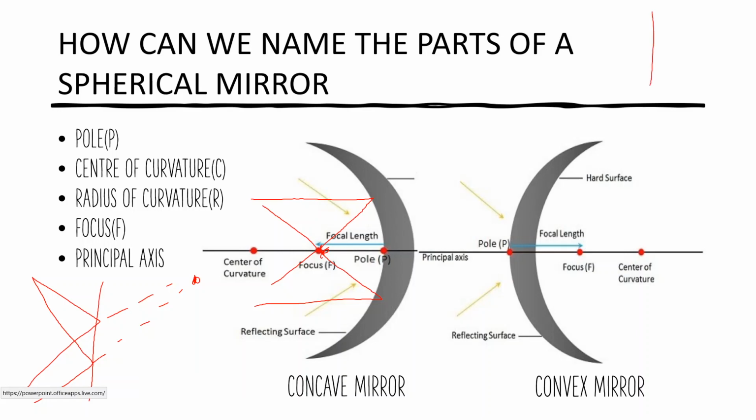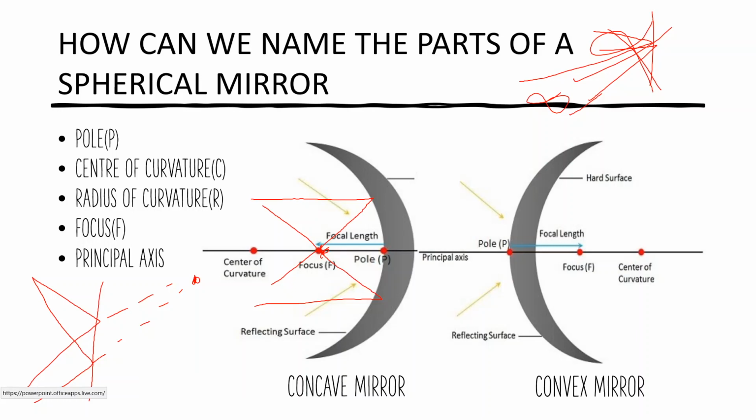They are just going away like this. They are going to meet where? At infinity. Infinity is undefined, so we consider that they'll never meet. That's it. Now you know the difference between a virtual image and a real image.